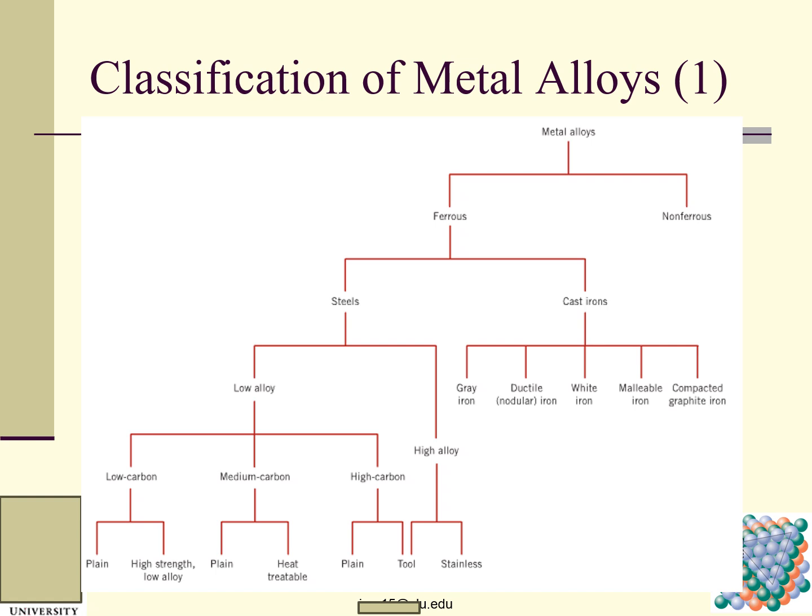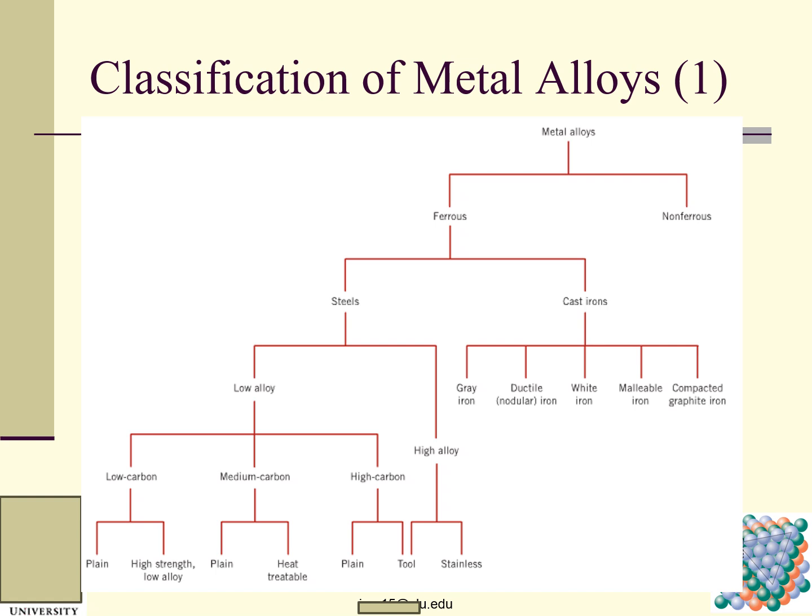That's the reason we focus on the ferrous. Ferrous means this alloy contains iron. Then we differentiate this material further, and we have steel and we have cast iron. Both of them are ferrous alloys.